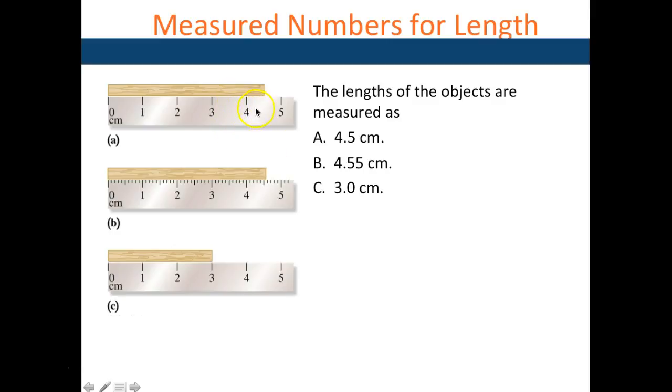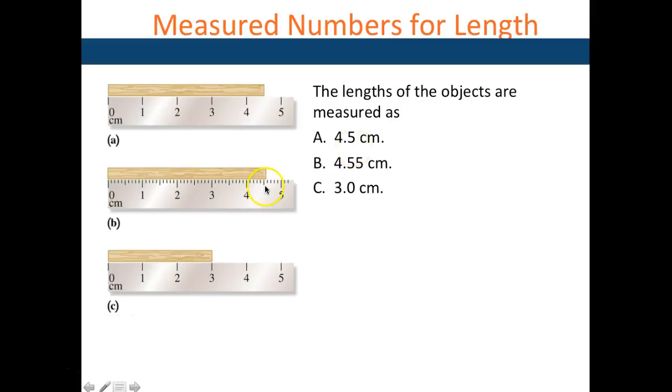Coming to picture A, there are no in-between smaller markings like you see here, so you're guessing where your measurement falls. It falls between 4 and 5 centimeters, seemingly in the middle. So you take the space between 4 and 5 and divide it into 10 equal spots: 1, 2, 3, 4, and then 5. So you'll estimate this as 4.5 centimeters.